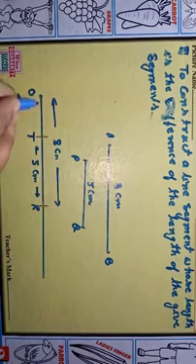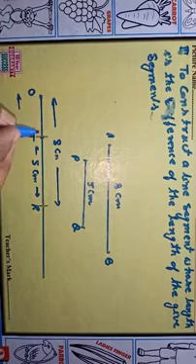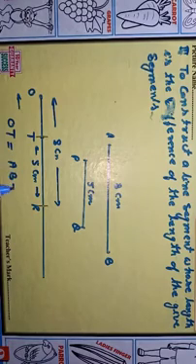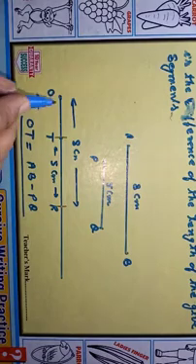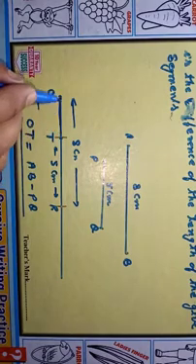Here OT is equal to AB minus PQ. This line segment is the difference of AB and PQ.